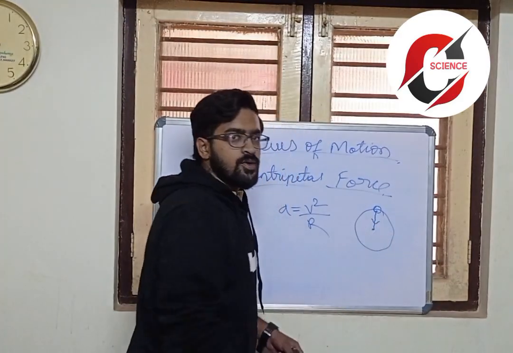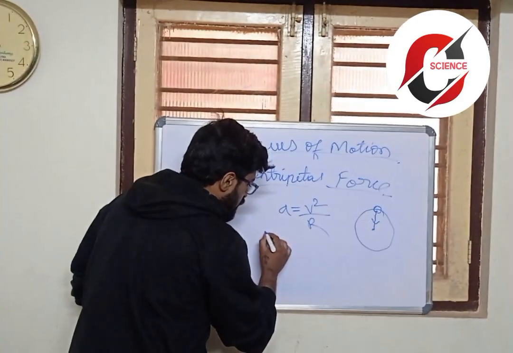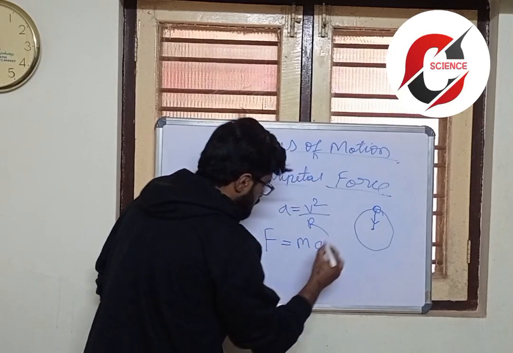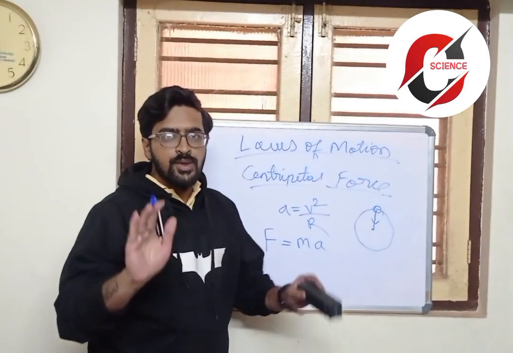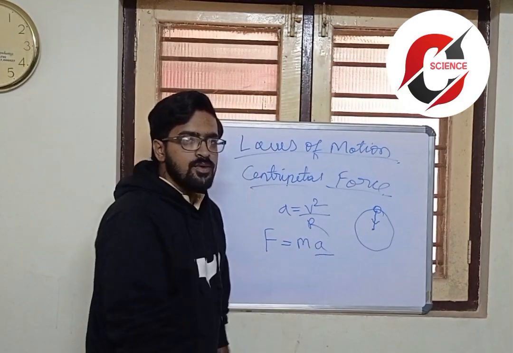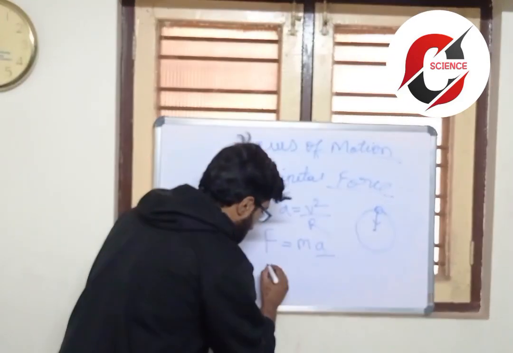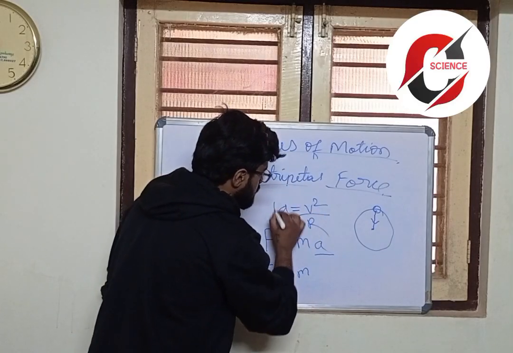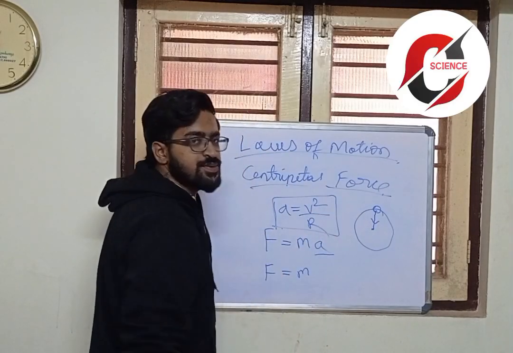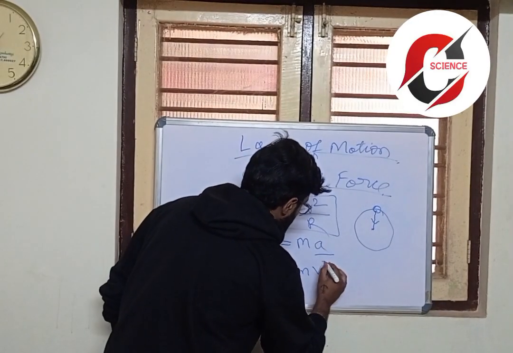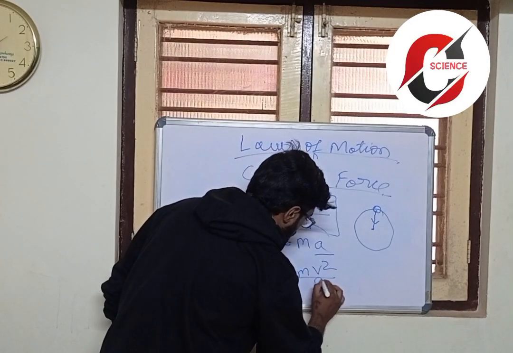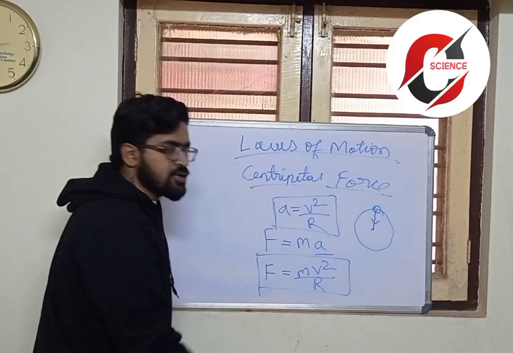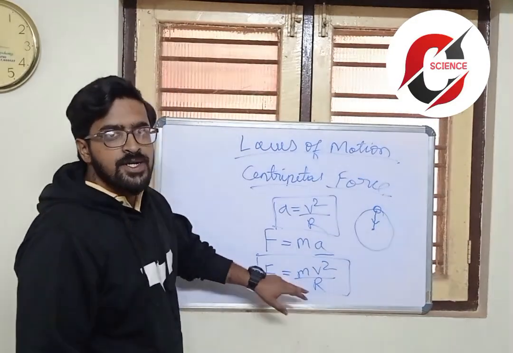This force is given by F is equal to m into a. What can we substitute for a? F is equal to m into v square upon r. So this is the expression for centripetal force.